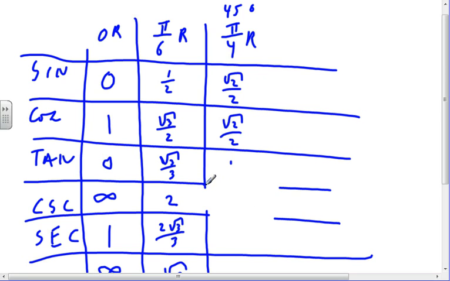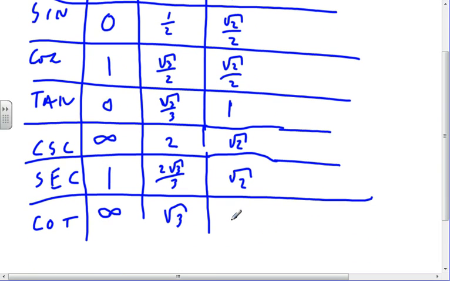Totally convenient there. I wonder how many more times I can do that. Okay, so I got 2 over the square root of 2. So that would be 2 to the square root of 2, no, just the square root of 2. Anyway, what does the book say? Anybody look? Yeah, square root of 2. Okay, finally. Well, that's got to be the square root of 2 too, right? Square root of 2. And cotangent's going to be 1.